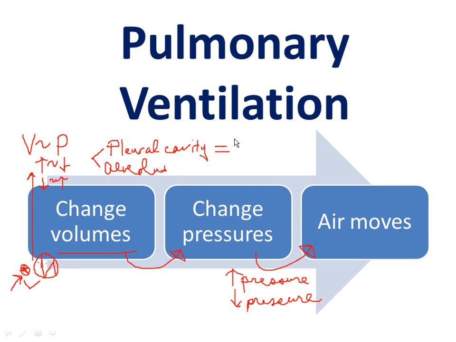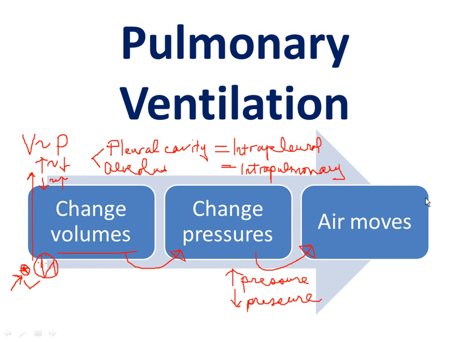The pleural volume is called intrapleural. And that alveolus one is intrapulmonary. So I'm going to have an intrapulmonary and intrapleural pressure and intrapulmonary and intrapleural volumes.